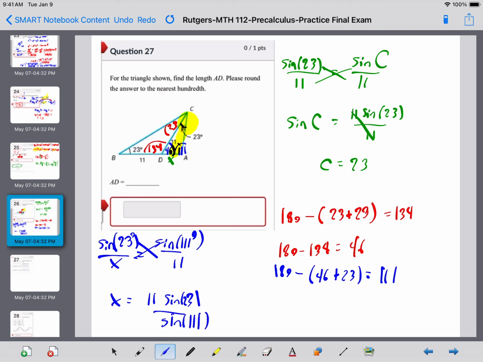Let me make sure I'm in degree. I'm still in degree mode. A lot of this was in degree mode. 11 sine of 23 divided by sine of 111. And you get your answer is 4.603826614, to the nearest hundredth approximately 4.60.